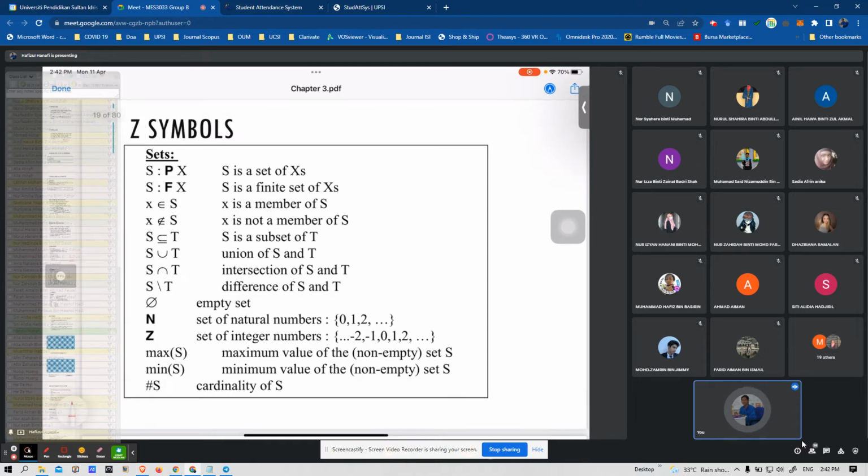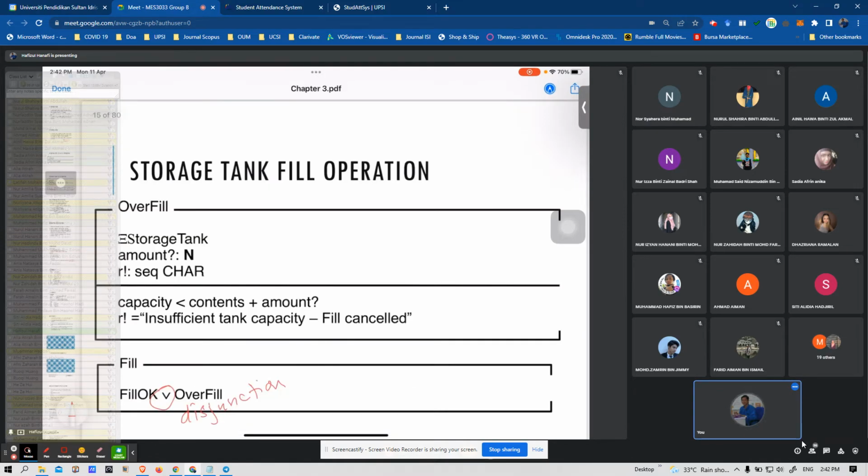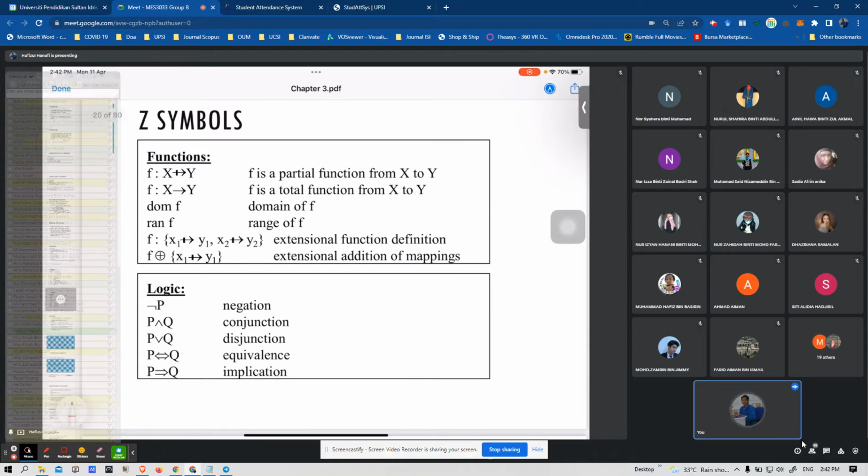Okay, and then we have a symbol. We look at predicate as a set. Before this, we looked at set as a predicate. Okay, you can declare either by using set or you can have the predicate.